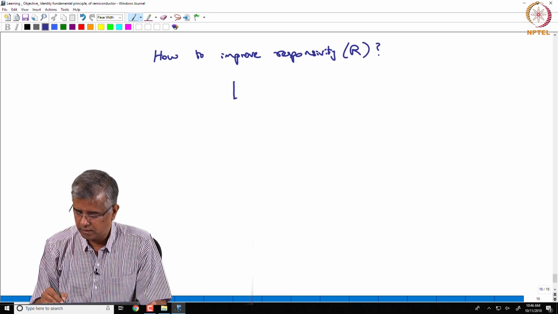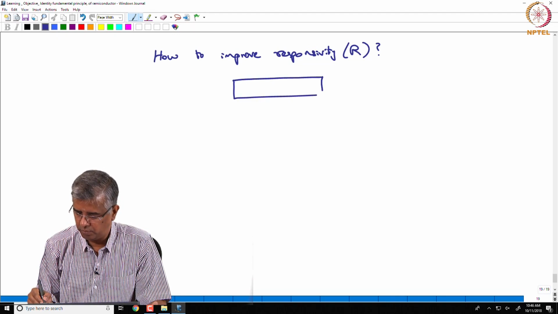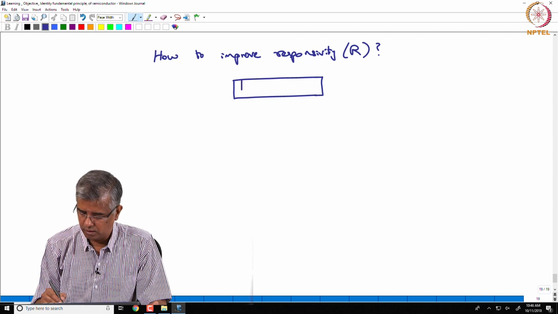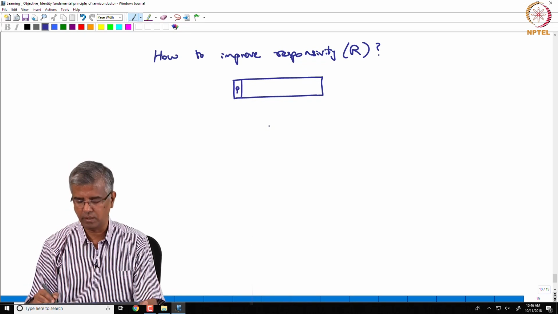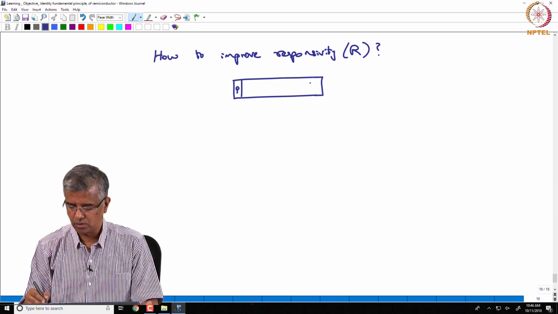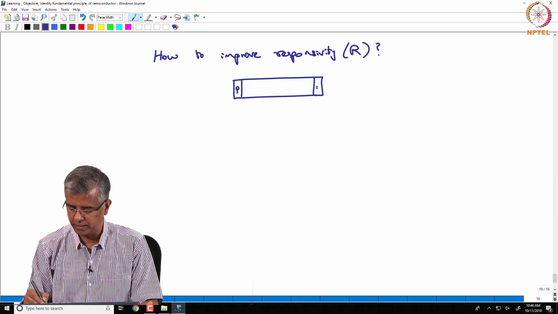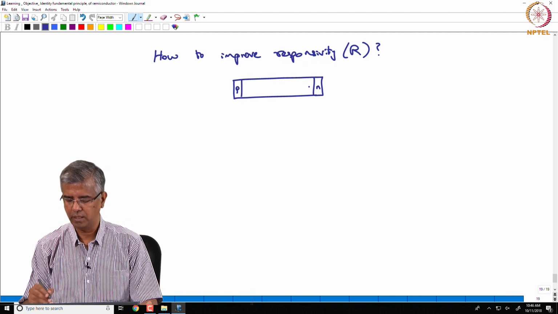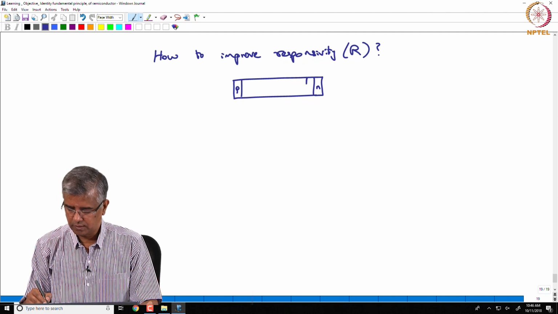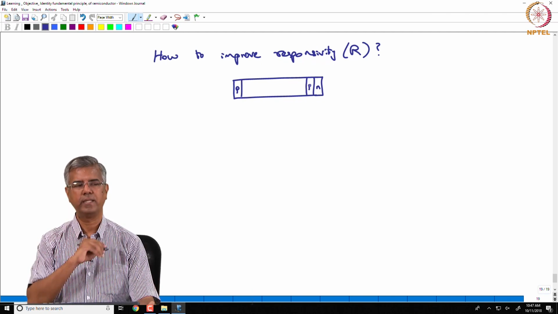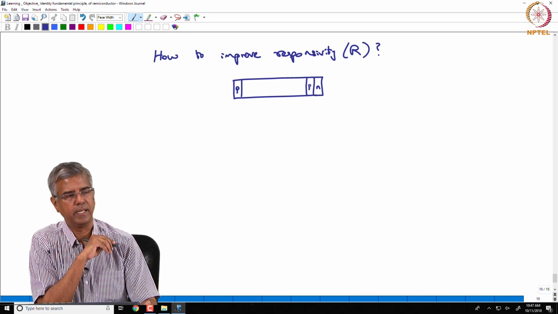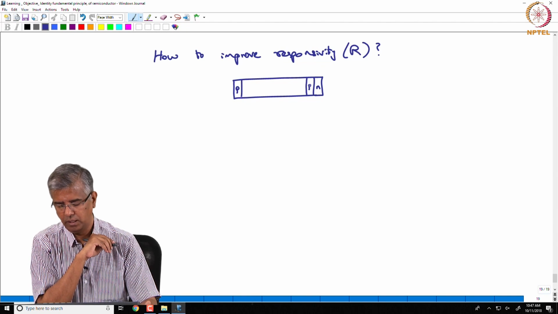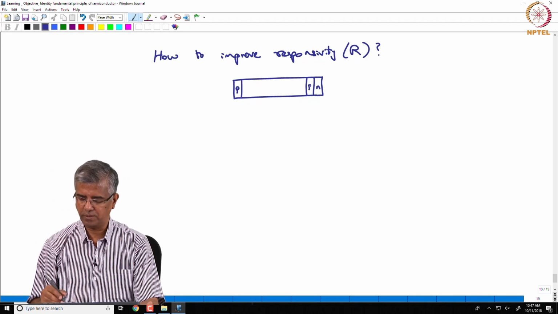So that is actually done by a very clever manipulation of these layers. So you typically have a P and a N layer, right? Now what if you have another thin layer of P right next to the N layer, right? So what happens if you have something like this?